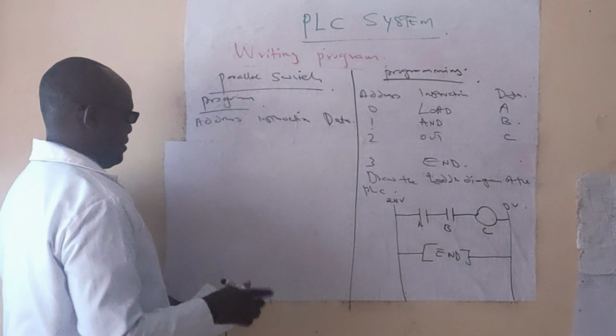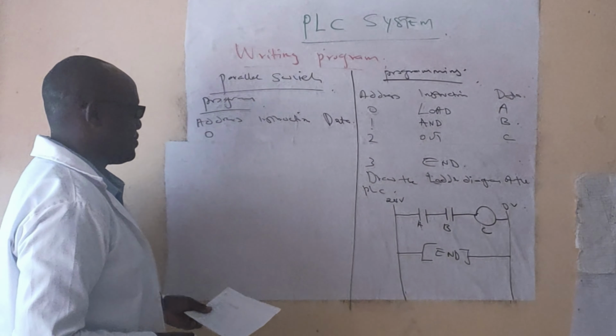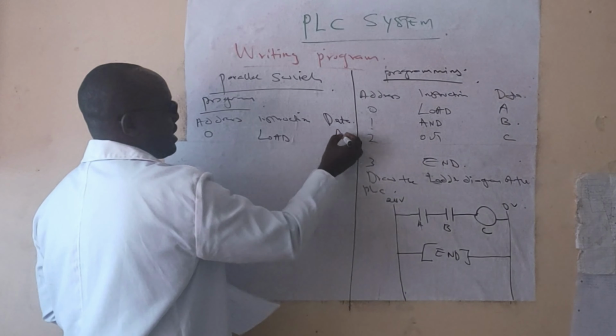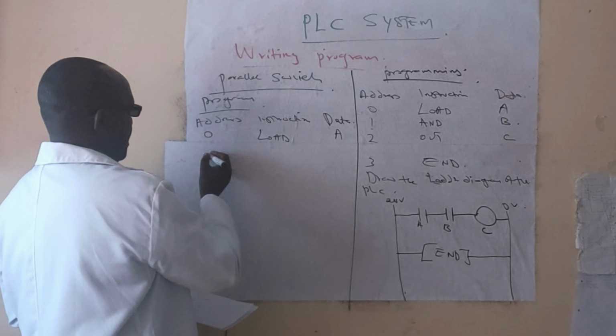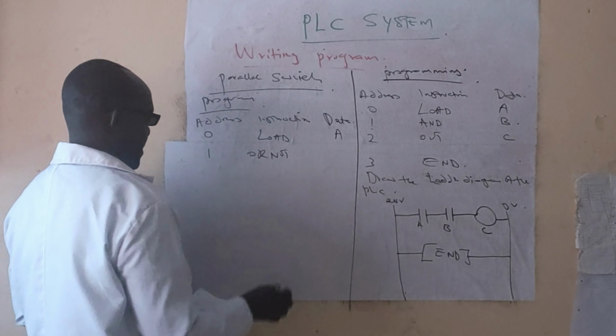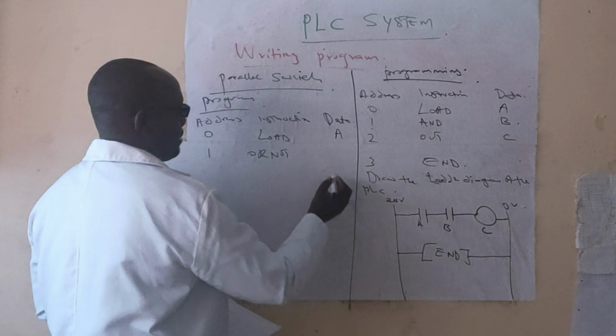So the address could be 0, you load, data is A, and then the next address is OR NOT, P2.